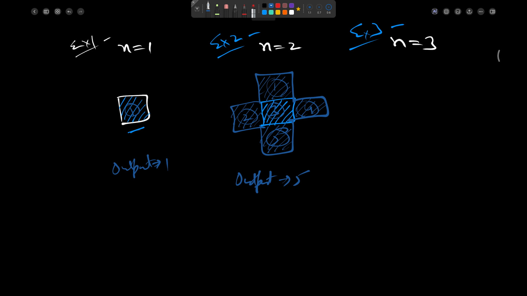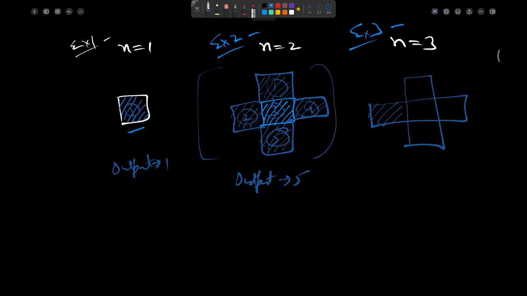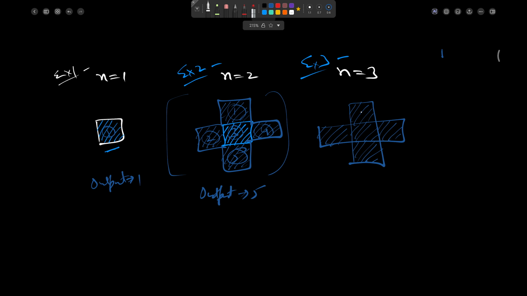Okay, now we'll take this condition again in the next example. Let's start with filling the colors.